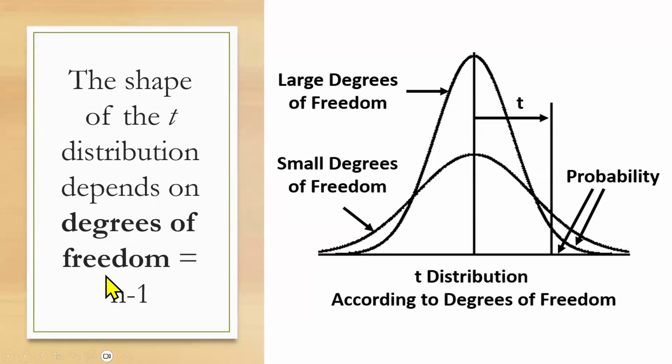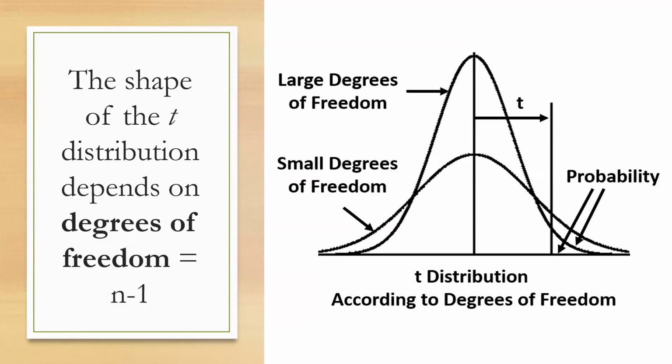So when we have a large number of degrees of freedom, the t distribution is going to look much more like the normal distribution. So larger sample sizes are going to give us a skinnier t distribution. And when we have small degrees of freedom, we're going to have those shorter, wider distributions.